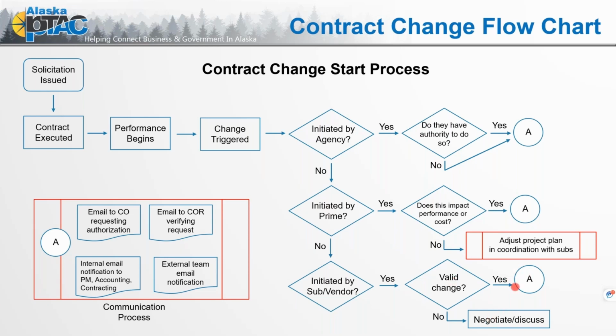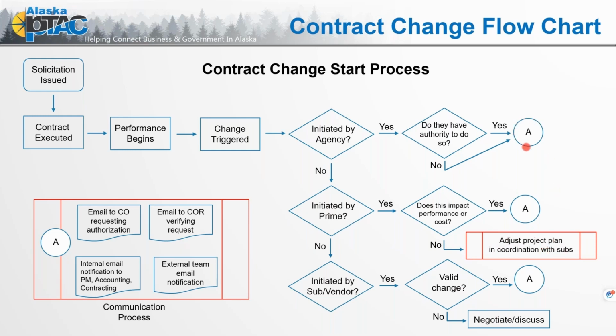And yes, if it is a valid change, well, here we come back here. So remember when I hopped to initiated by prime, we said, yes, does this impact performance or cost? No, it really doesn't. Well, maybe we want to, and this ties back to negotiate and discuss, you want to adjust that project plan in coordination with your subs.